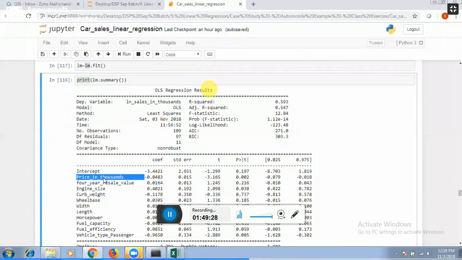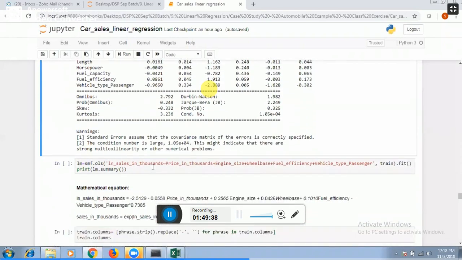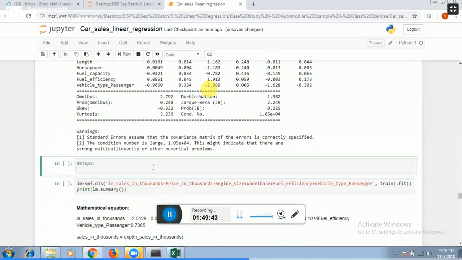So now you are clear with the understanding of my model and what the output of my model is. Now, how to improve the accuracy and what are the steps you need to follow? Let's understand the steps. The first thing you need to make sure is that all the variables should be significant in the model.